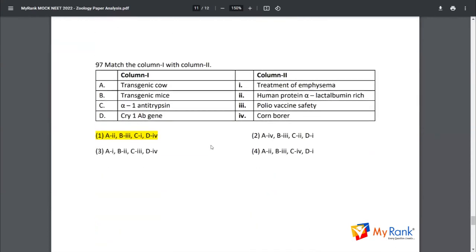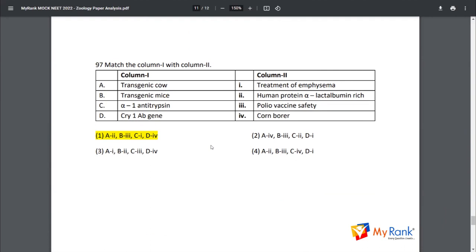Moving to the next question, 97, which is again a match the following. Column A has transgenic cow. What does the transgenic cow do? It produces an alpha-lactalbumin rich human protein. So A goes to 2. Transgenic mice help in checking the polio vaccine safety. So B to 3.